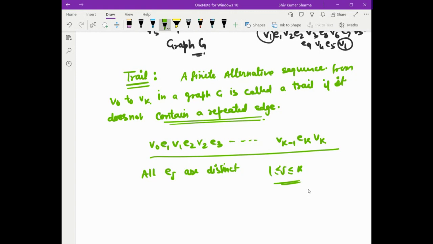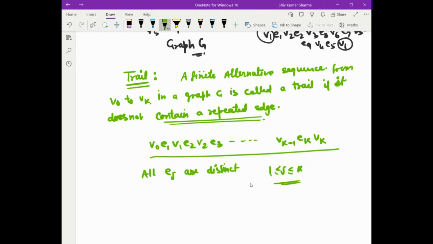So this is the second definition. First is walk. Walk also makes a finite alternating sequence of vertices and edges. Two types of walk: open and closed walk. And this is trail. Trail is also a finite alternating sequence, but it doesn't repeat edges. We cannot visit any particular edge twice or thrice.